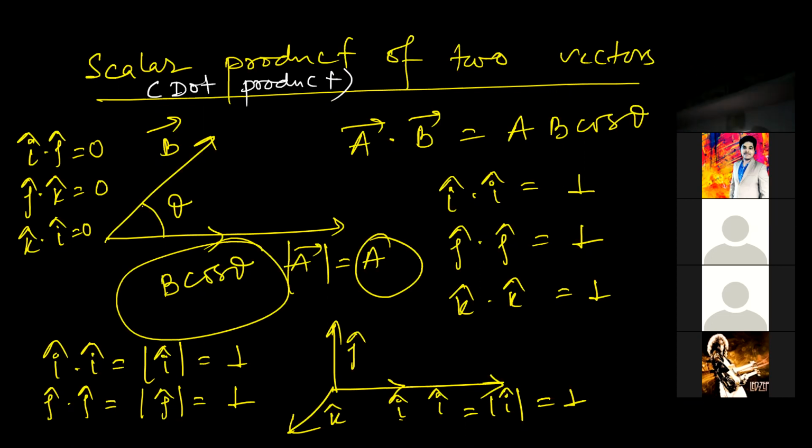Before the exam, I'm planning to finish dot product and cross product, so the vector chapter is done. Then we can go for relative velocity and relative speed. What will happen if I am moving along the road whenever it is raining? All those things we'll learn.